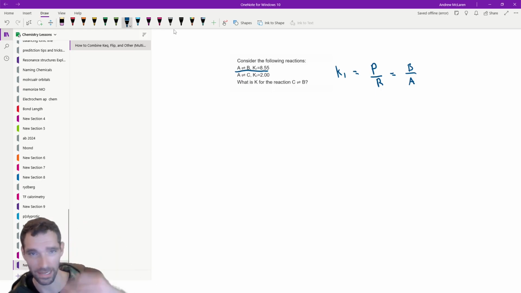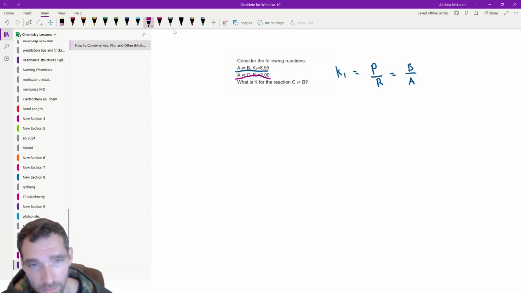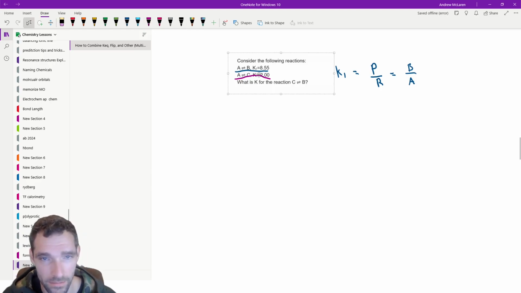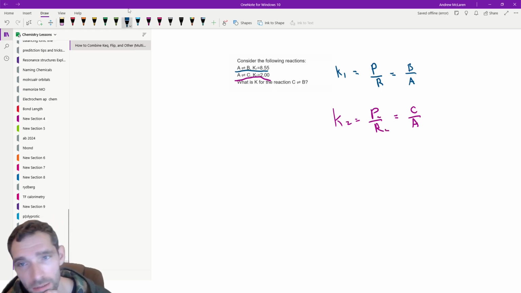We don't know the exact concentrations for these things, but we don't really need to. For K2, the A to C reaction, we've got its products over its reactants, which is going to be C over A. So I'm going to call this product 2 over reactant 2, and product 1 over reactant 1.